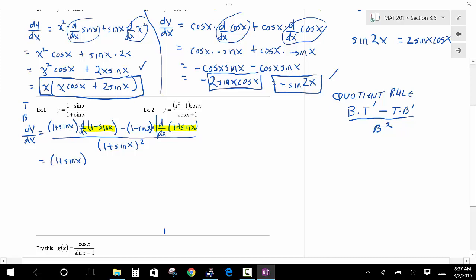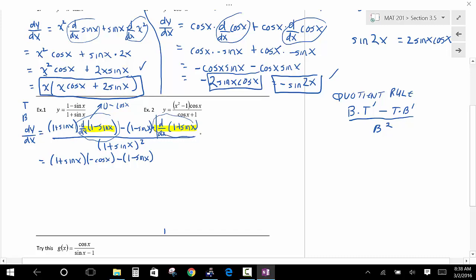All right, now, in your head, what is that going to be? What's the derivative of 1? 0. What's the derivative of the sine? Cosine. So what that's going to be is 0 minus the cosine, so that's going to be negative cosine x. Now move on to the next part. You've got minus here, then you've got 1 minus sine x here, and then do the derivative of this.